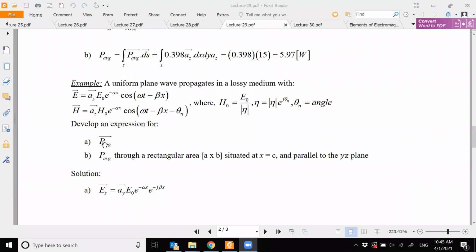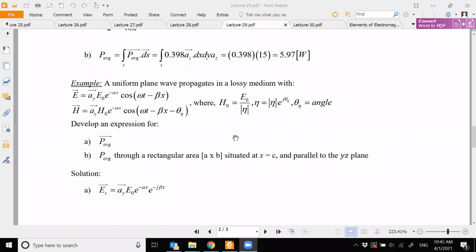Now, the question is, we need to find the average Poynting vector and the average power through a rectangular area, which is A cross B. This is situated at x equal to c and parallel to the YZ plane. So it's in the YZ plane, but at x equal to c.